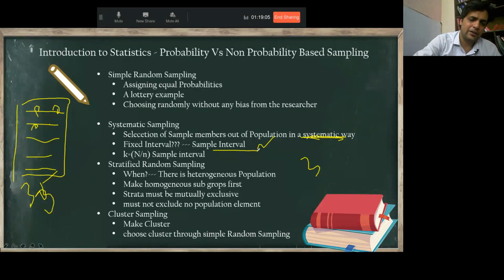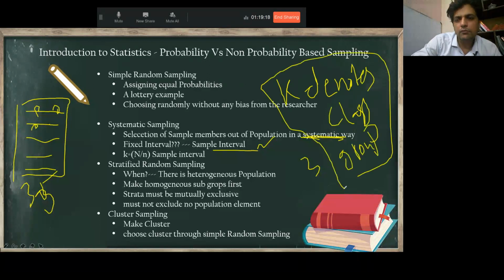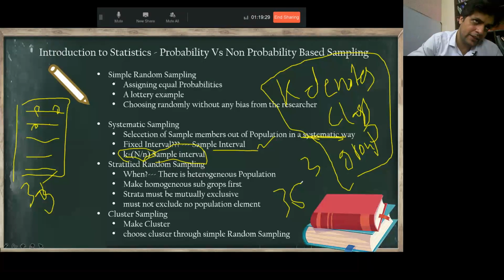We can remember K denotes the class or group. So I can just use this formula to calculate the sampling interval. If my population is 35 and I want to collect a sample of 7, the interval will be 5.